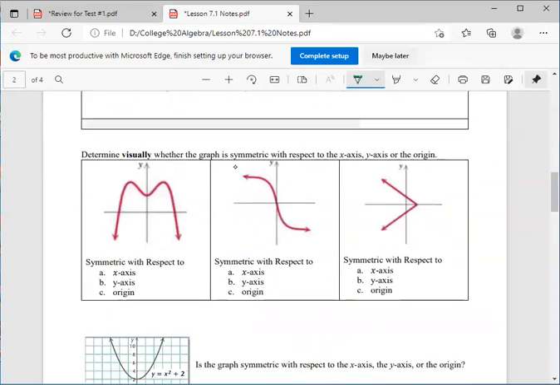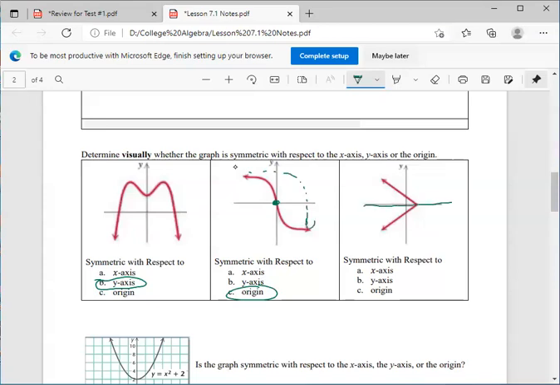So, symmetric about the x-axis, y-axis, or the origin? Y-axis. You can visually see that if you fold that on the y-axis, those points would land on top of each other. This one is going to be the origin, because if you could rotate that 180 degrees, it's going to end up back on top of itself.